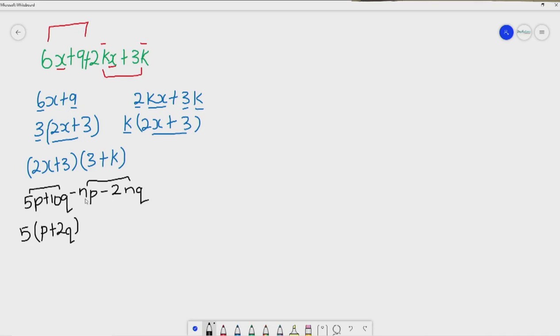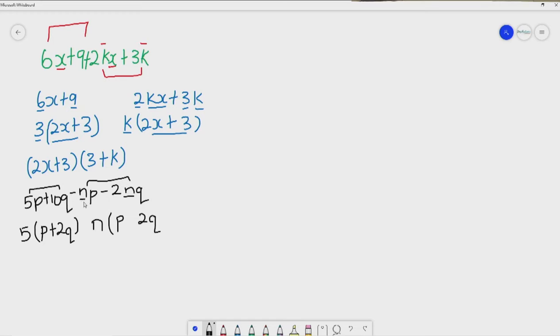Next, we look at np minus 2nq, and we realize that the n is common, so we write the n outside, open bracket. np divided by n would just be p, and 2nq divided by n would be 2q. Now we have to pay attention to the signs that we're working with.